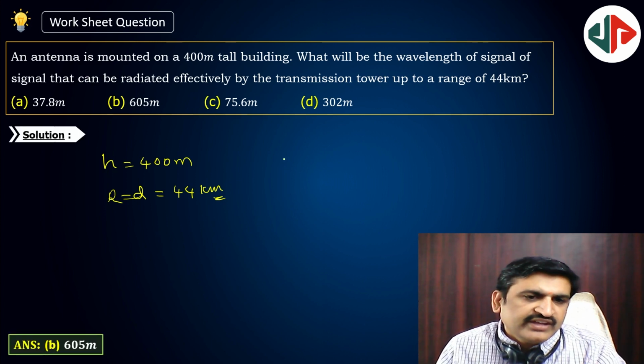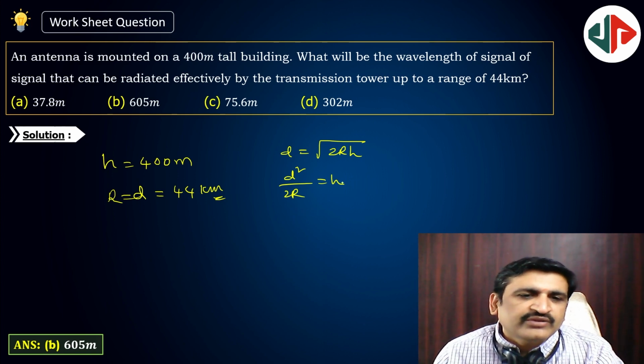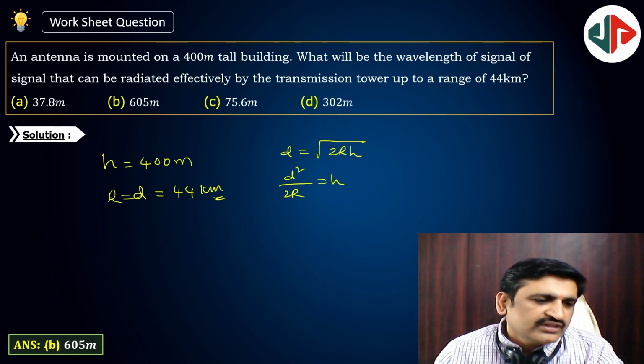Yes, here we have D is equal to square root of 2Rh. So D square by 2R is equal to h. So effective height we have to find out. Maybe symbols are confusing to you, let me change.